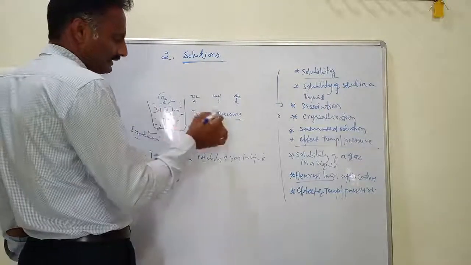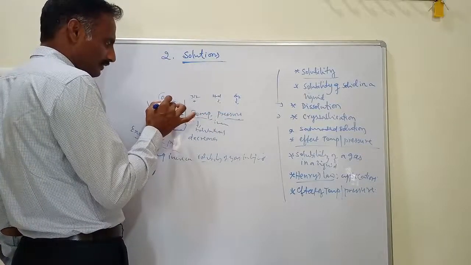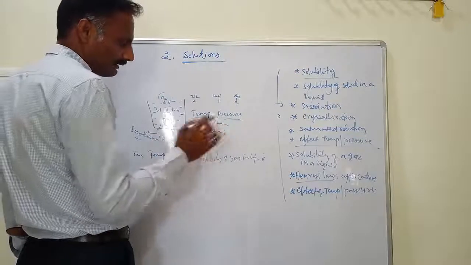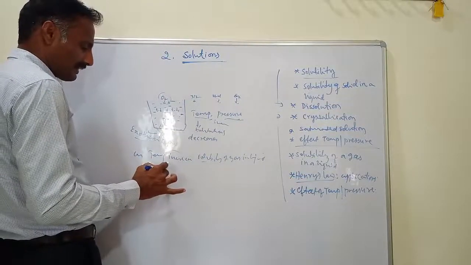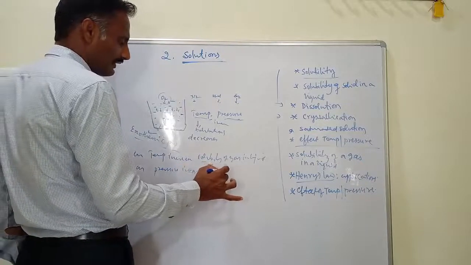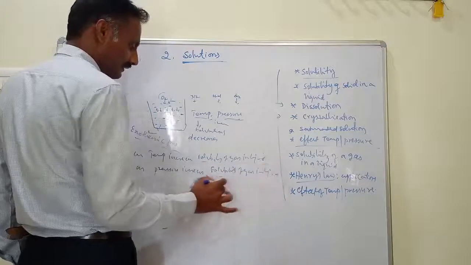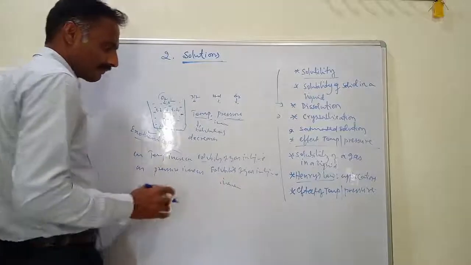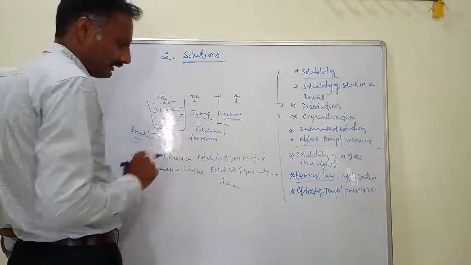But by increasing pressure, the solubility of gases in a suitable solvent goes on increasing. As pressure increases, the solubility of gas in a liquid increases. These are the two main points about the solubility of a gas in a liquid.